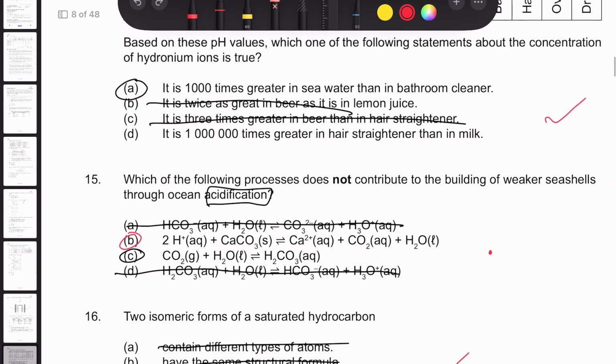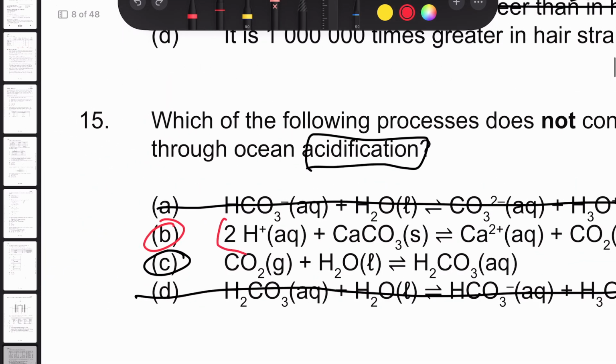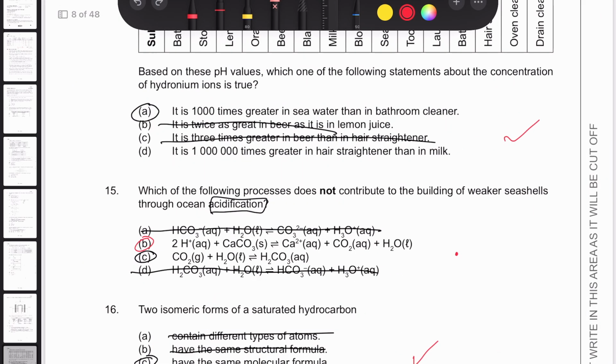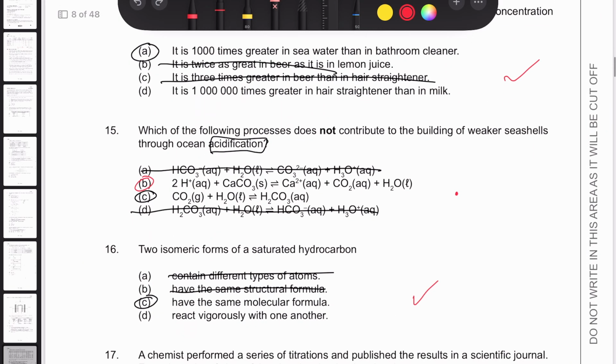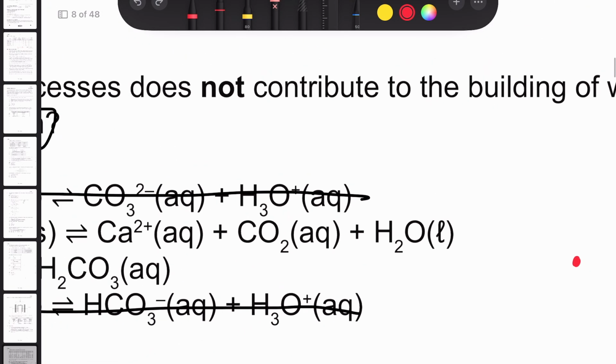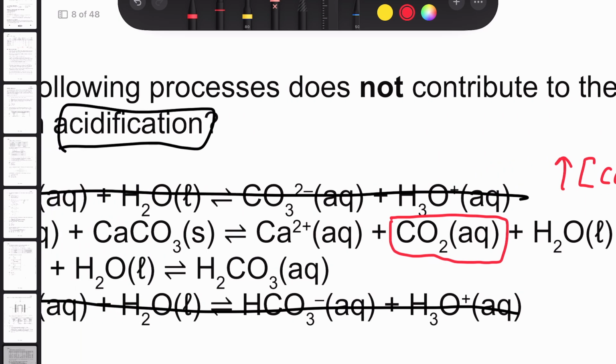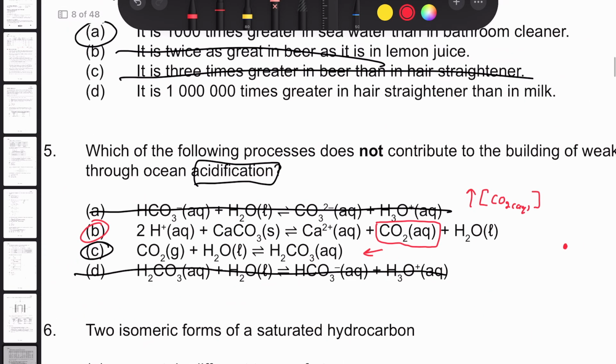I don't know. Ocean acidification, weaker building of seashells. I'm not sure where else you can go with this, so I guess I got that wrong. I remember I was discussing this question, and someone said that when you increase the concentration of CO2 aqueous, this will go to the left, which is actually opposing what 5 is saying.